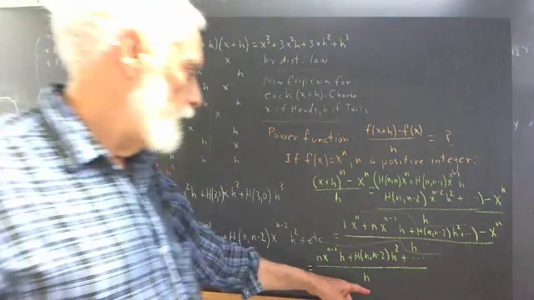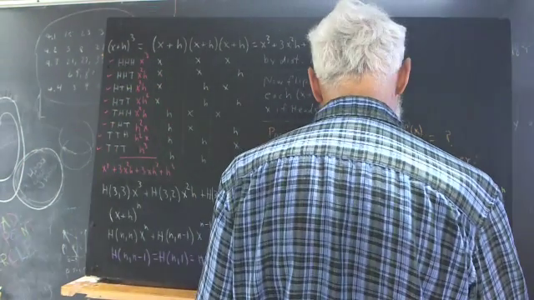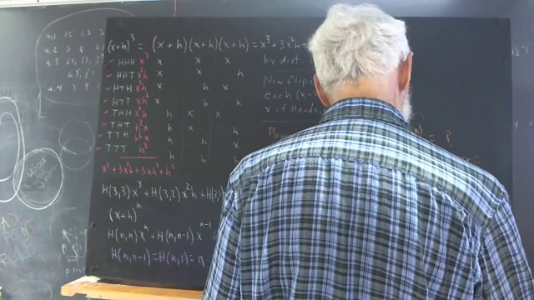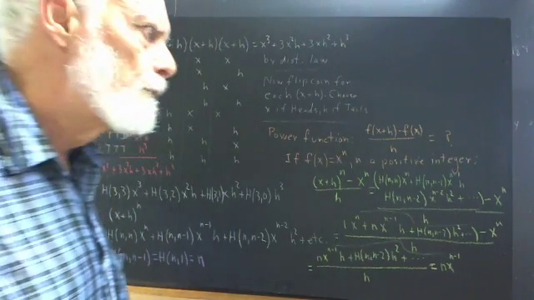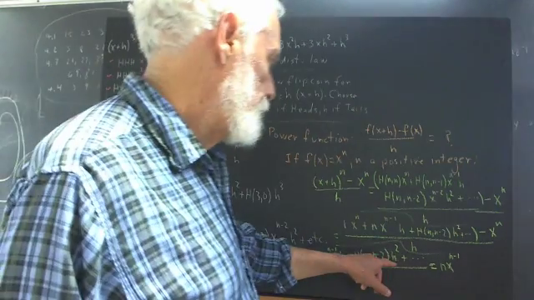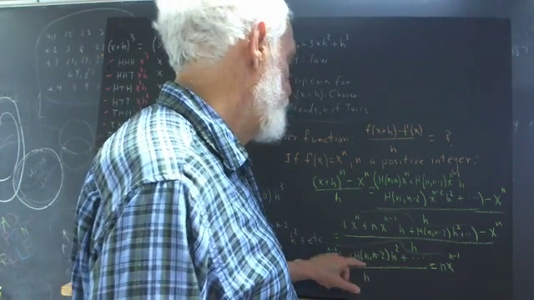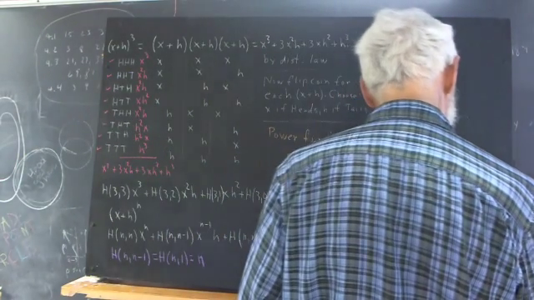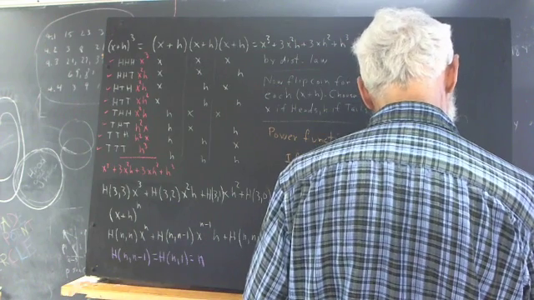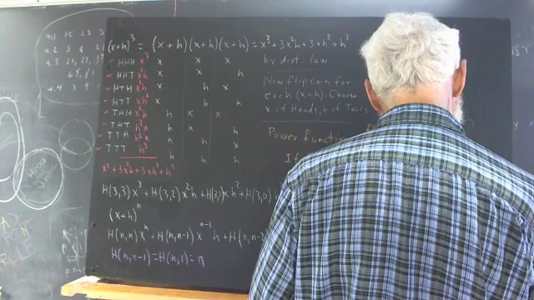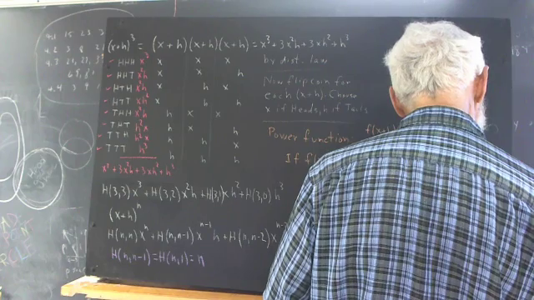Okay, well, h goes into n x to the n-1 times h, n x to the n-1 times. And then h goes into this thing, h times. So there's going to be h times this, times H(n, n-2) plus everything else.